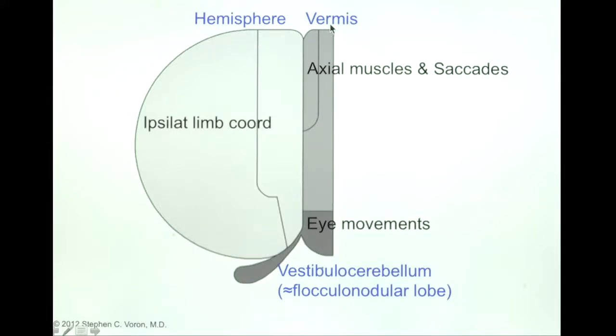Vermian problems are manifest as problems with your axial postural muscles that would influence particularly things like gait and measurement of how far you need to move your eyes to keep things in focus. And then there is this small flocculonodular lobe that has to do with eye movements and connections with the vestibular system. So let's look at some clinical examples.